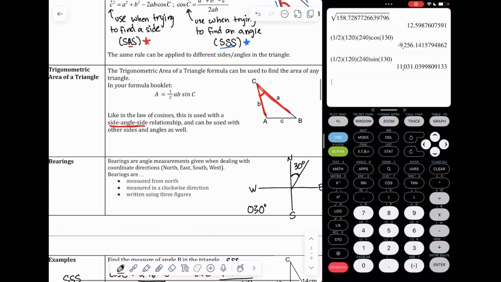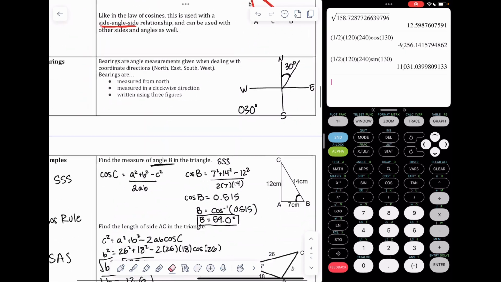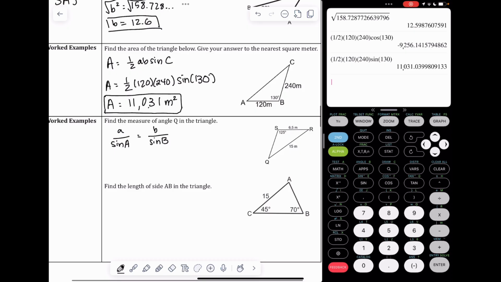The way it'll look in your formula packet will be something like that, where we've got our sides and then our angles with sine on the bottom. So it'll be A over sine A equals B over sine B. The angle side pair we have is S right here.